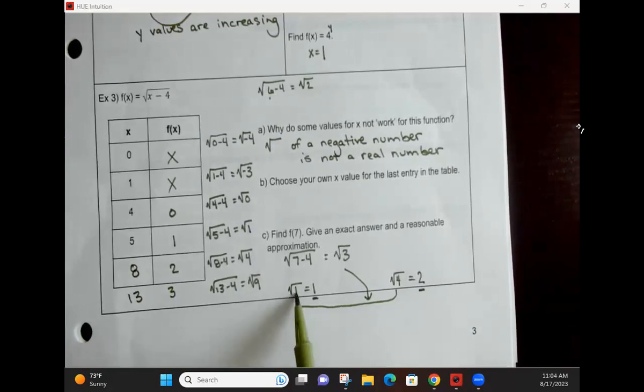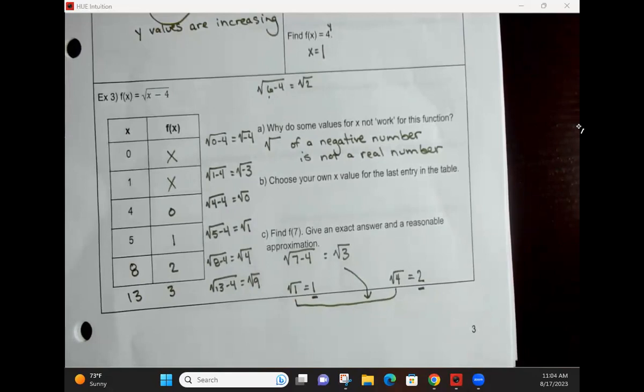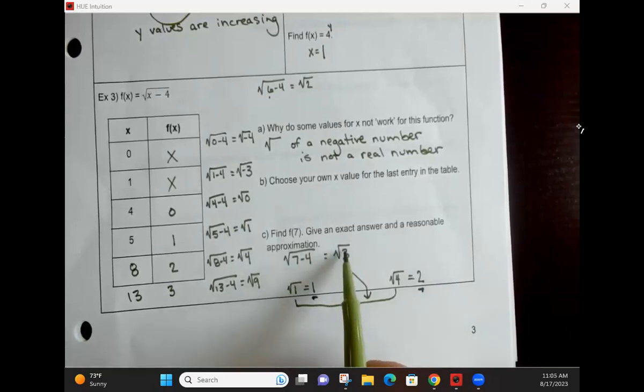I know the square root of 1, which is smaller than this. I know the square root of 4, which is bigger than this. So whatever this guy is, has to be between 1 and 2. I also know that it should be closer to one of them. Is it going to be closer to 1 or closer to 2? Closer to 2, right? Because this value is closer to this value.